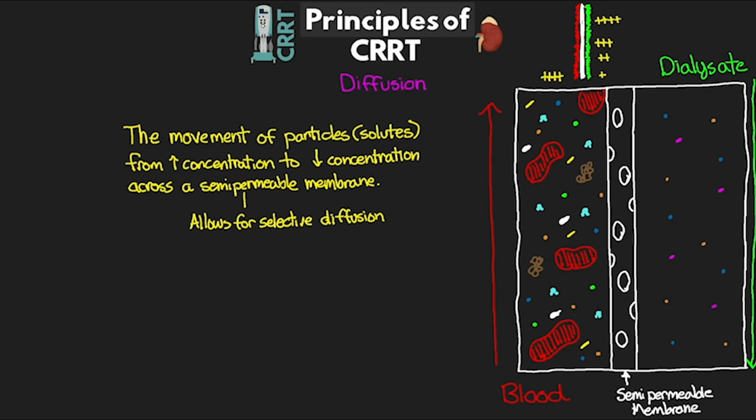And so as we go along, those concentrations are decreasing in the blood, but they're also increasing in the dialysate, and this is going to make it harder to get that last little bit of diffusion to take place.